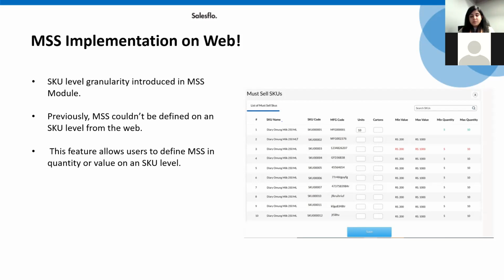If a web order was being placed and MSS was not being followed, the order was allowed to go through. So we've built that control, and Asra will be giving you a detailed demo of how this feature will be working. Over to you, Asra.